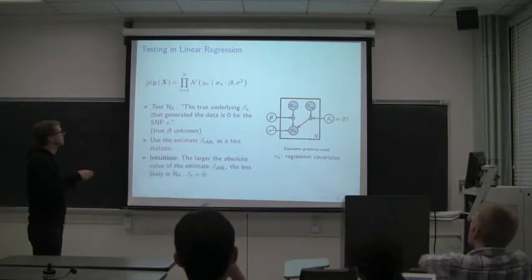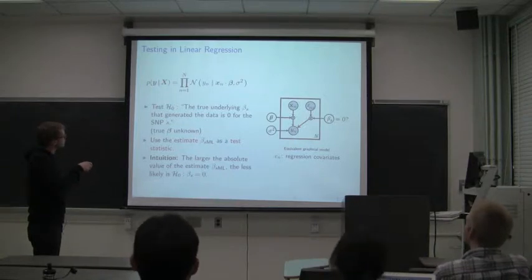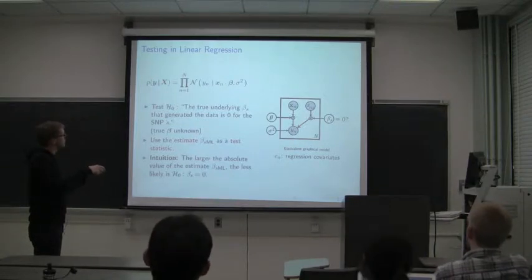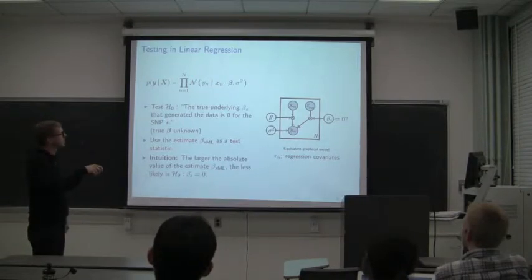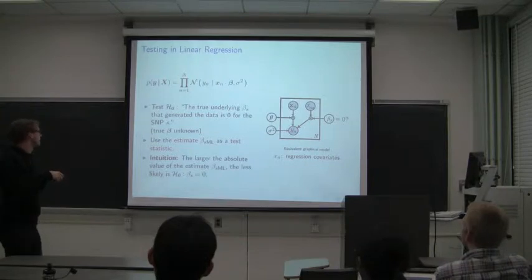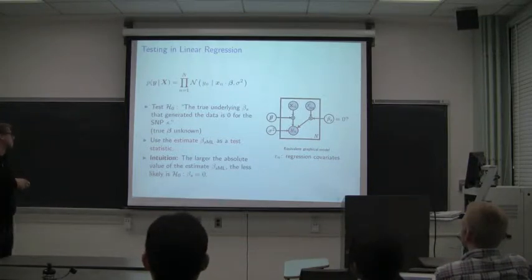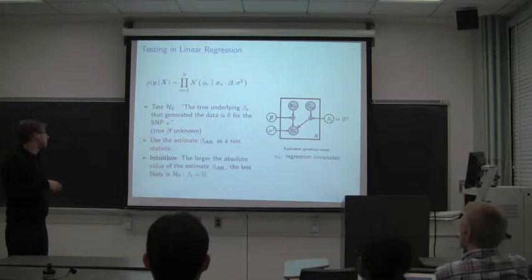We do that by setting up a null hypothesis which says that the true underlying beta is 0, which means that this variable doesn't have an influence on the phenotype, or on the variable y here. As a test statistic, we'll use the maximum likelihood estimate. The intuition is that the larger this estimate, the less likely is the hypothesis that this is 0.